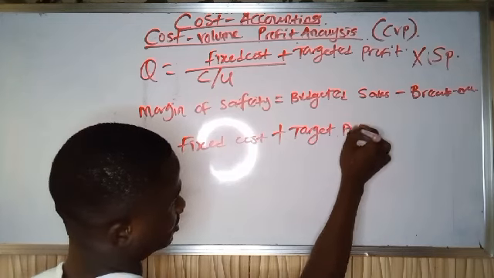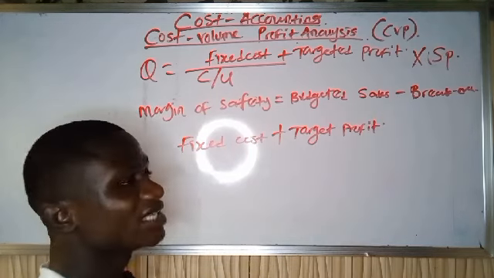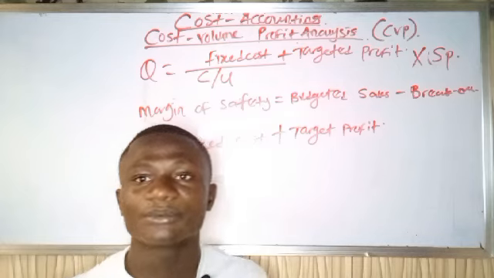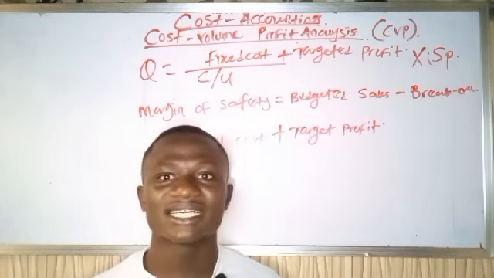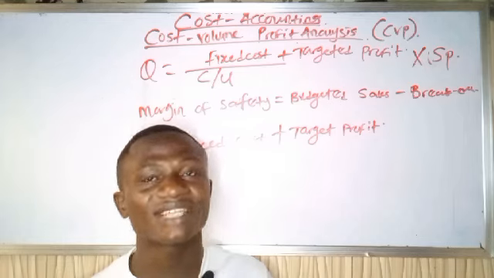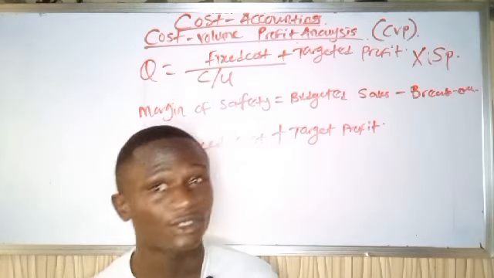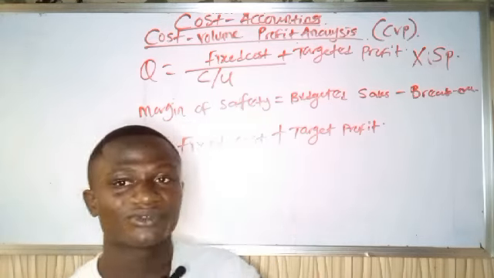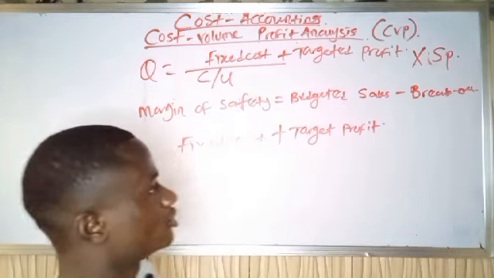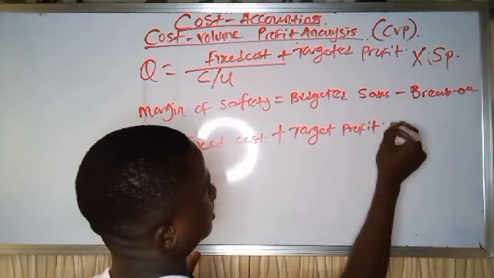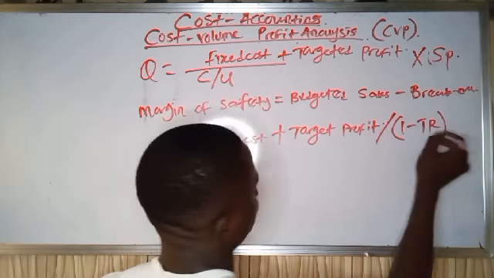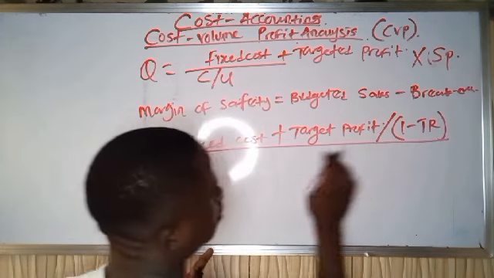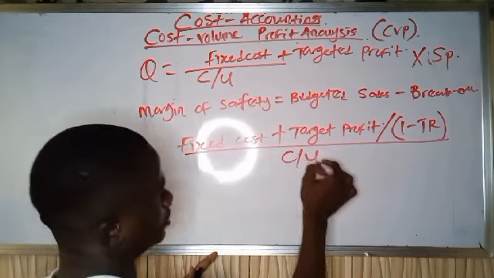Now, if the targeted profit you want to make is after tax, that means that if government taxes me and after paying the tax, I still want to have 200,000, that is what I mean by target profit after tax. You divide your target profit after tax by 1 minus the tax rate, everything over the contribution per unit.